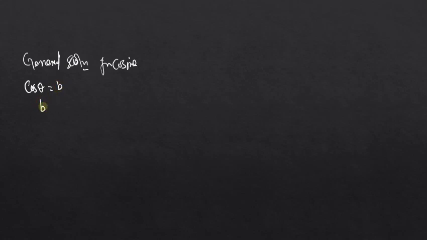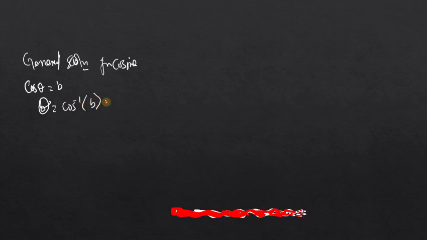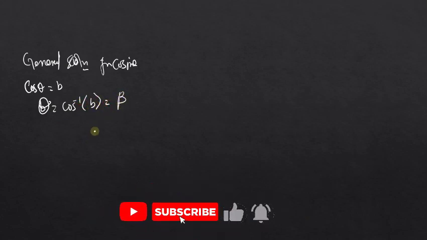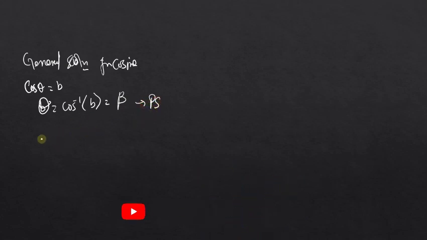Now let's look at the general solution for the cos function. The general solution for cosine, right? If you have cos theta equal to b, then theta will be equal to cos inverse of b, which let's say is represented by beta, our principal solution.